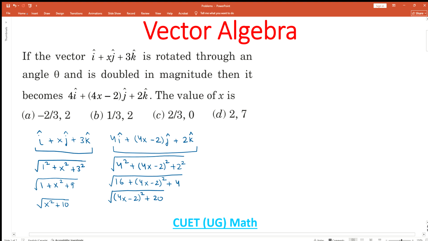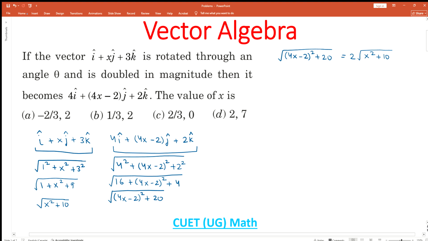So as per this information, we can write the equation that square root of (4x minus 2) squared plus 20 is equal to 2 times the square root of x squared plus 10. We have to solve this equation to find the value of x.